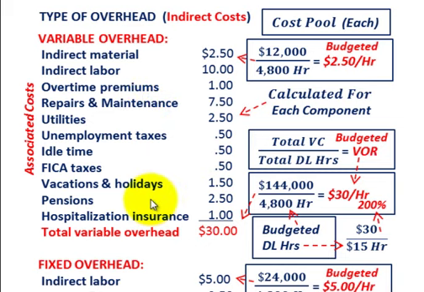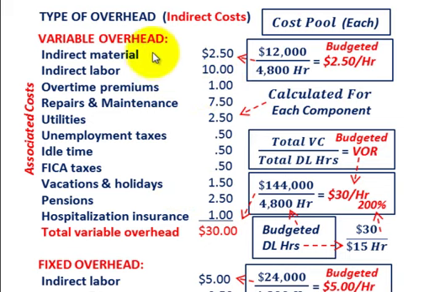Those are just typical items, but it depends on what cost allocation basis you're using. If it was for a machine or a machining center, you'd probably have different variable items, depending on what cost pool or department you're looking at.